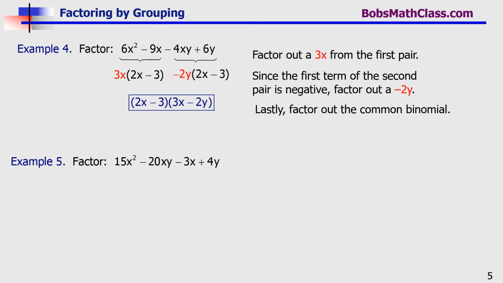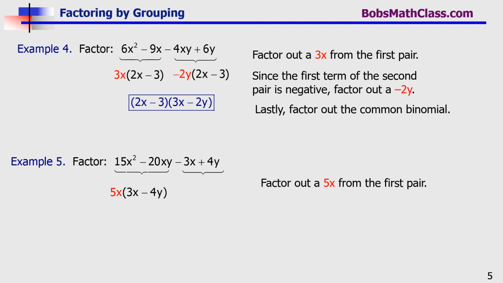All right, next one. Again, break it up into pairs. What are we going to factor from the first pair? Yes, a 5x. And then what are we going to factor from the second pair? They don't have anything in common.